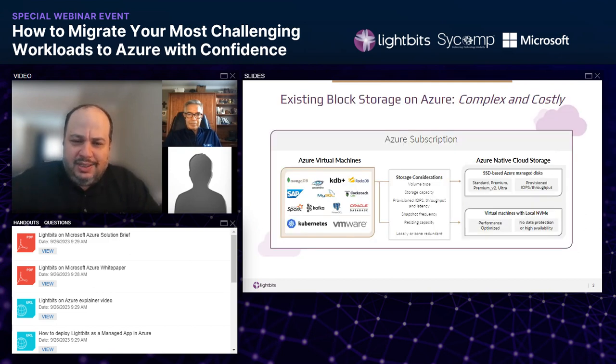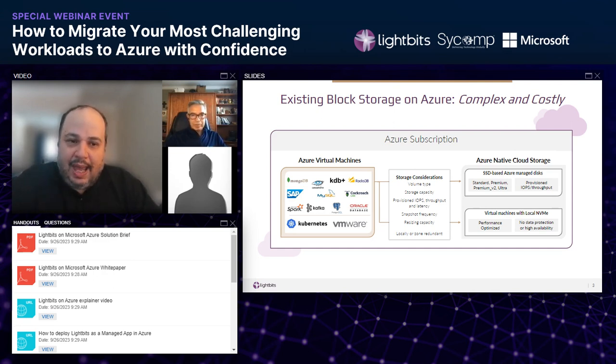Now, I would like to dig a bit into the details. What's the source of these challenges? Why may migrating storage-intensive workloads to the public cloud, to Azure, be complex and costly?